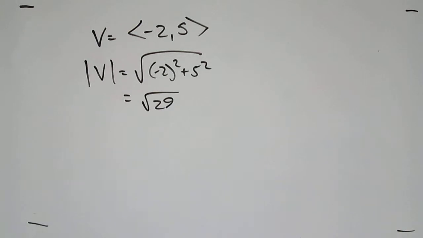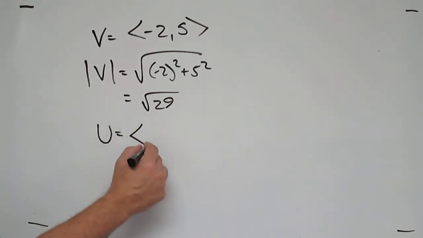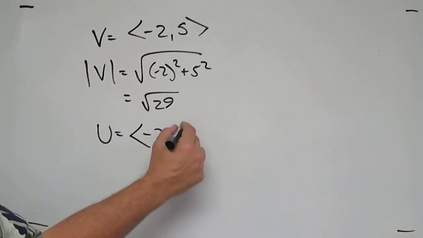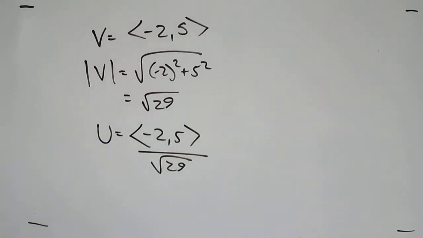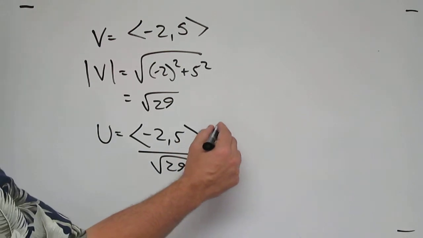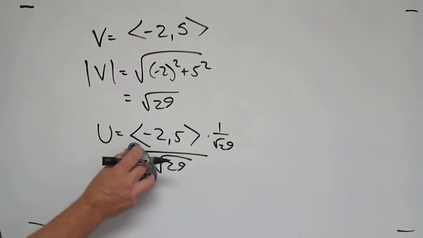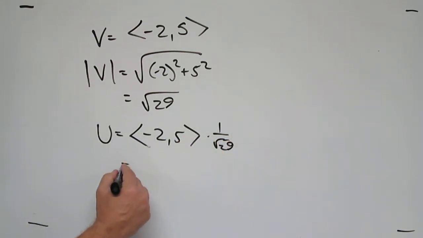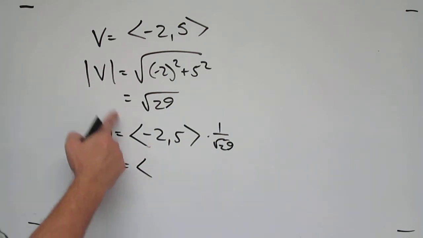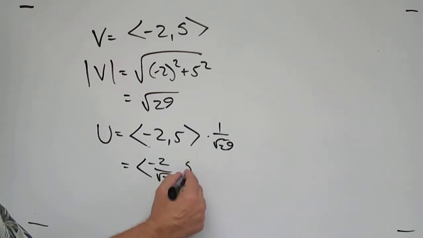But if I wanted to have a unit vector in the direction of v, then I could say, you know what? If I had this negative 2, 5, but then I divided it by the square root of 29, or that's the same thing as multiplying it by 1 over the square root of 29, then I could distribute, do that scalar multiplication into here, and say unit vector in the same direction as v would be negative 2 over root 29 and 5 over root 29.